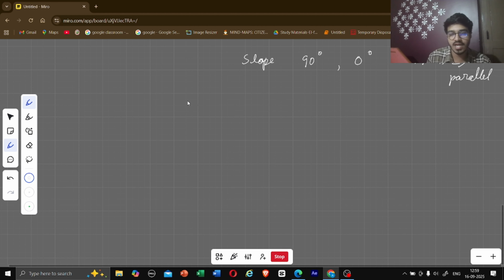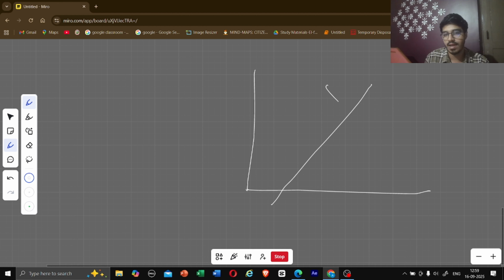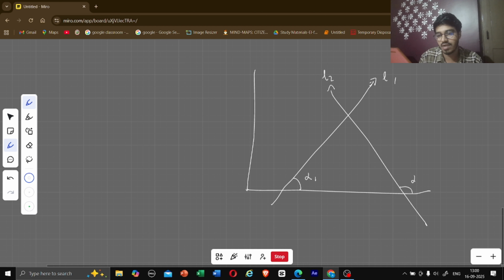Now, if there are two lines, L1 and L2, where the inclination of L1 is alpha 1 and the inclination of L2 is alpha 2, and these two lines intersect each other at a right angle, at 90 degrees, what will be the slopes of these two?